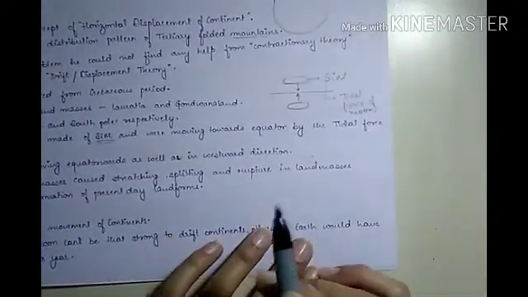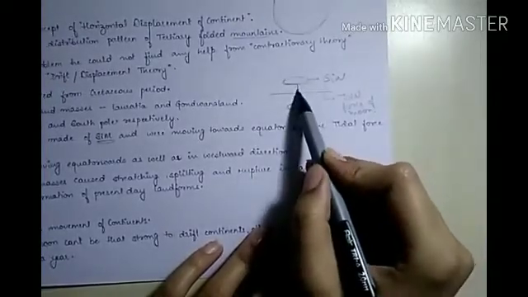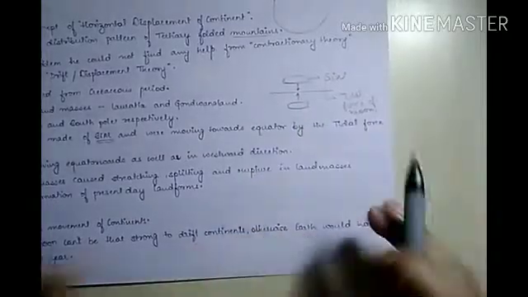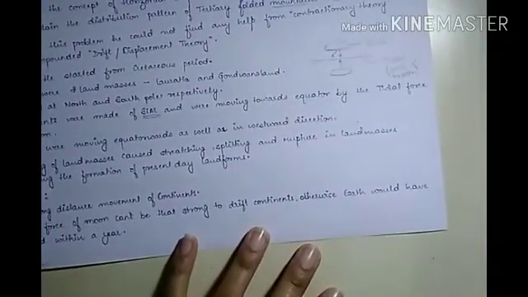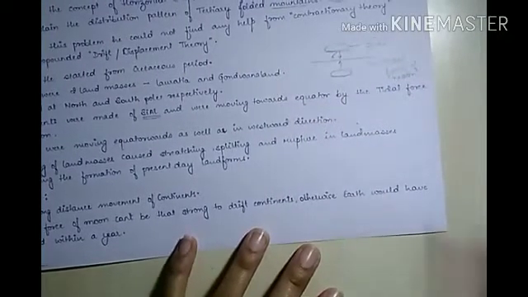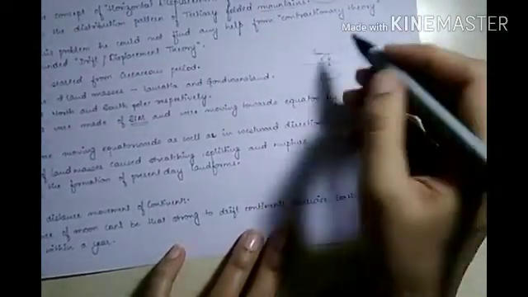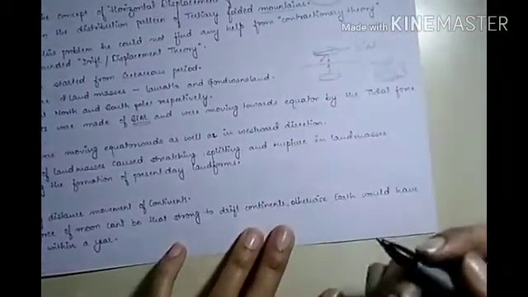They are actually experiencing two movements. First is equatorward movement and the second one is westward movement. Because they are moving, the land masses are experiencing stretching, splitting and rupture.